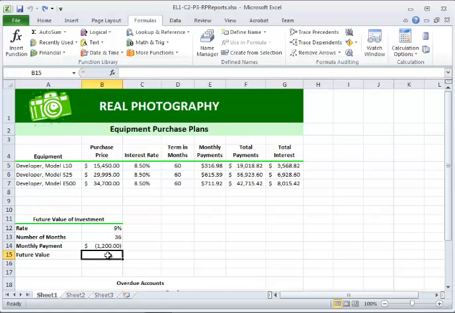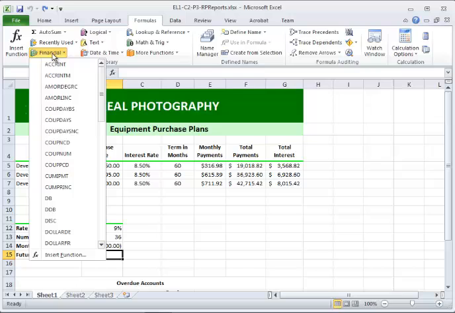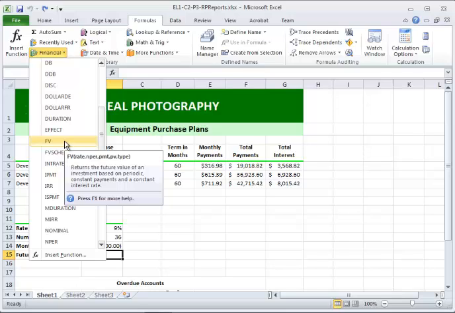So let's go ahead and click on B15 to make that cell active, and then go to the Formulas tab, click on the Financial group, scroll down, and click on FV. That's F as in Frank, V as in Victor.